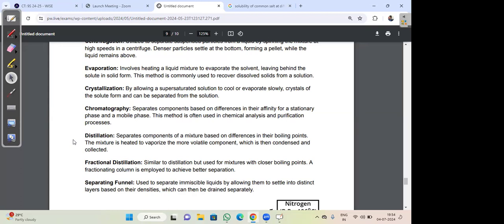Now the next process is the chromatography process. See, chromatography, distillation, fractional distillation: these three are processes which are new to you. You don't know about them. Chromatography is a technique of finding out or separating the contents of a substance.